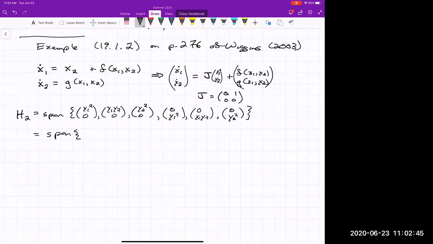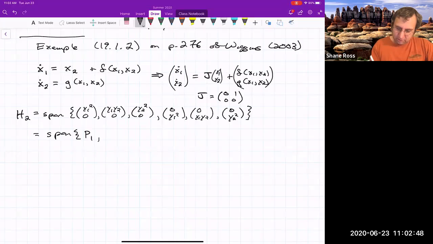And I'll maybe use this notation of calling this P1, this is P2, P3, P4, just as shorthand, P5, P6.